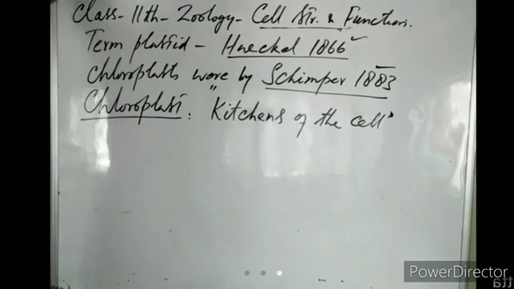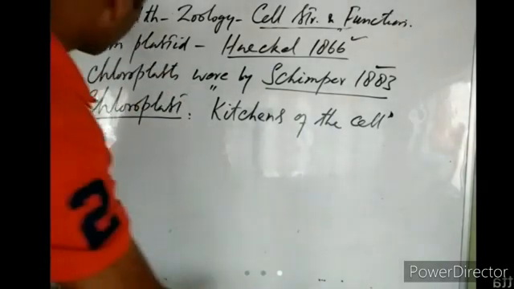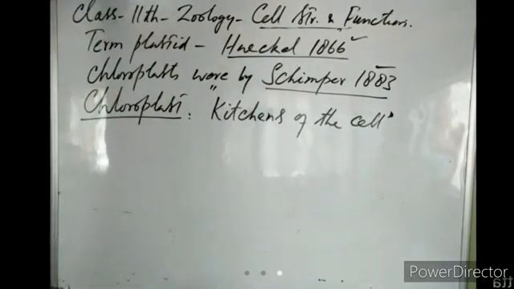As we call the Golgi bodies the post office of the cell, similarly, we call chloroplasts the kitchen of the cell. Why do we call them kitchens of the cell? Because these are the cell organelles which synthesize the food. That is why they are known as kitchens of the cell.